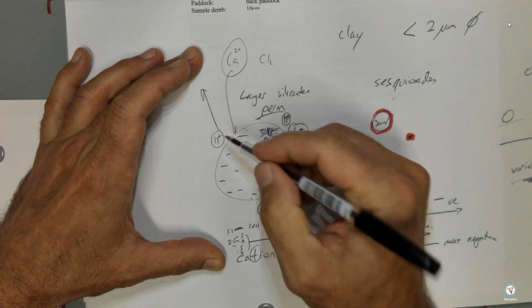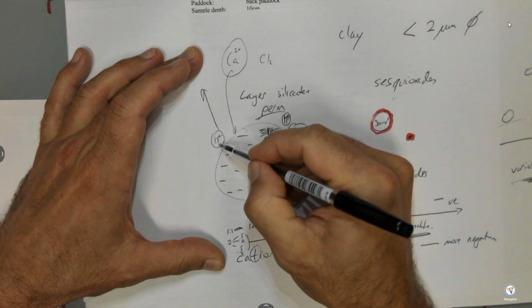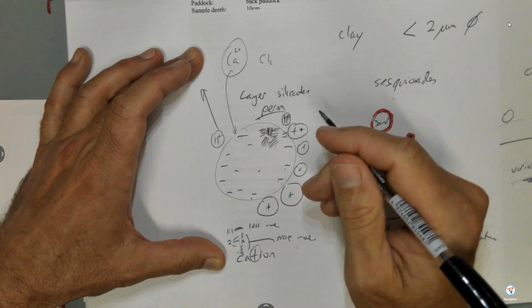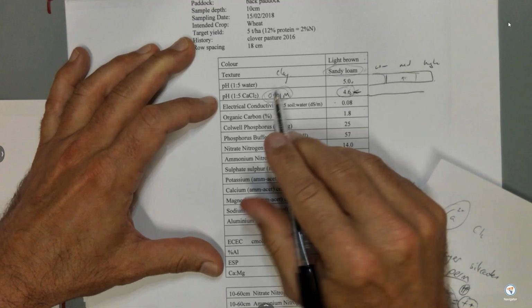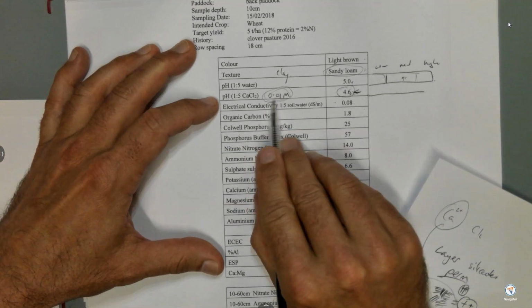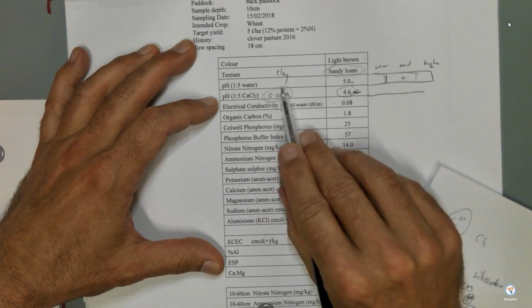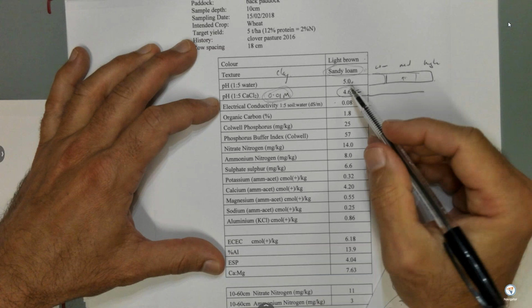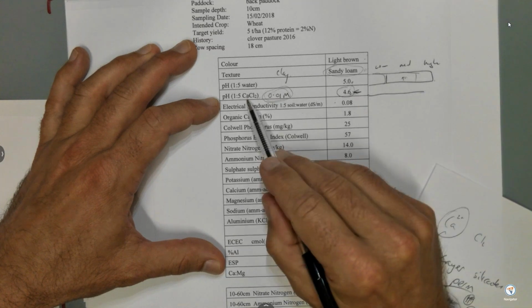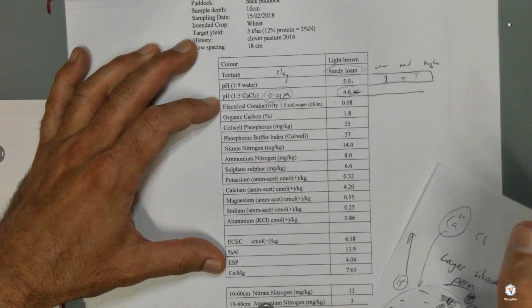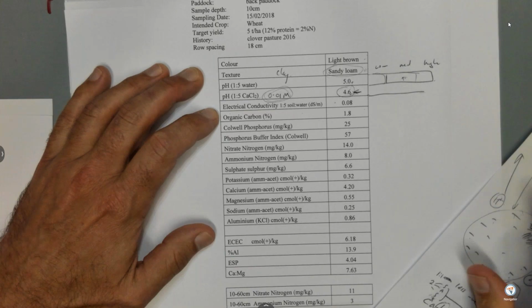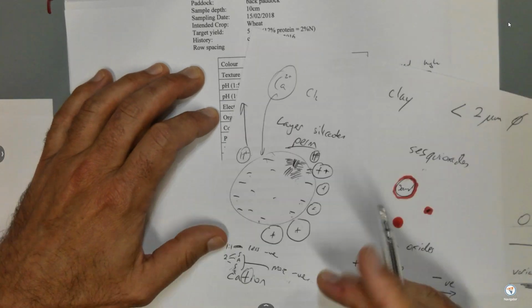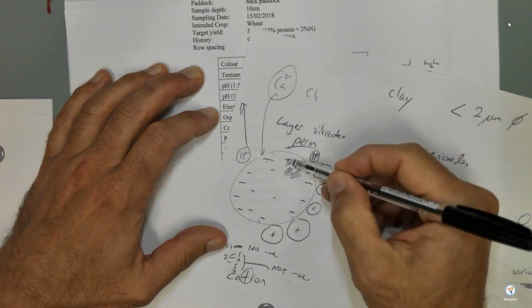So if you've got more hydrogen ions in solution, your pH has just gone down, which is why this pH in calcium chloride is always a lower number than what the water is. It's just that you've had the calcium putting more of the hydrogen ions that were stuck on the clay back into solution.